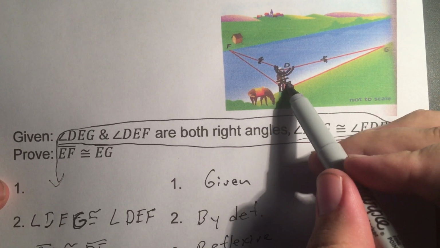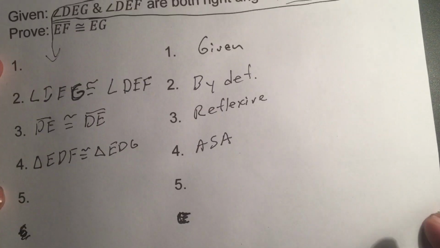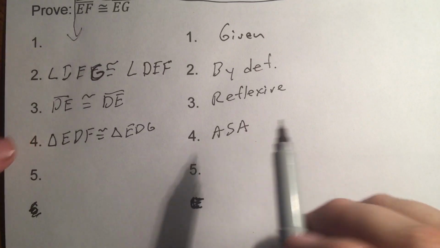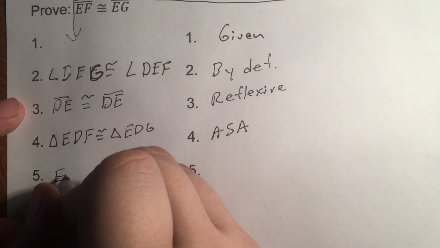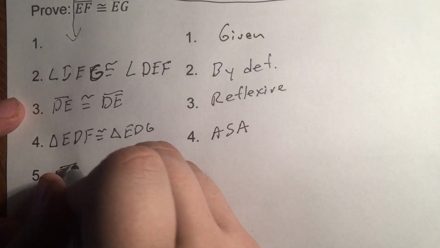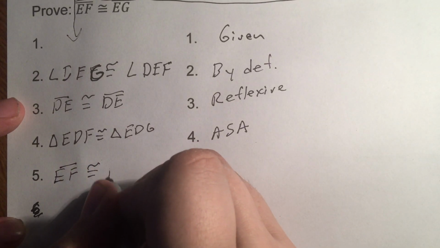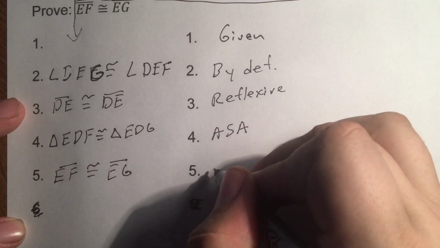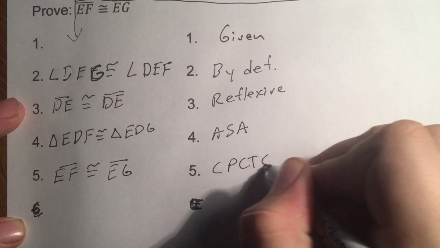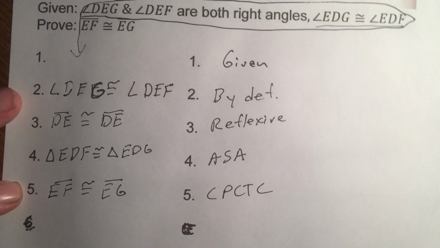So again, if we see it, angle, then a side, and then an angle. So now that we have the triangles congruent, now we can say that EF is congruent to EG by CPCTC. And that's how that one will go.